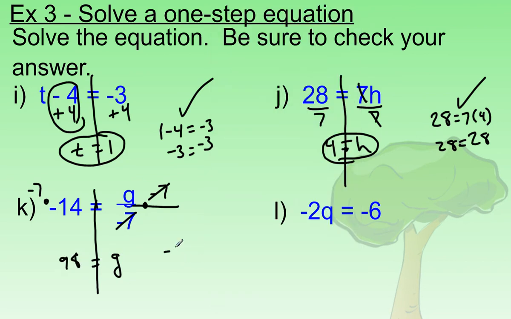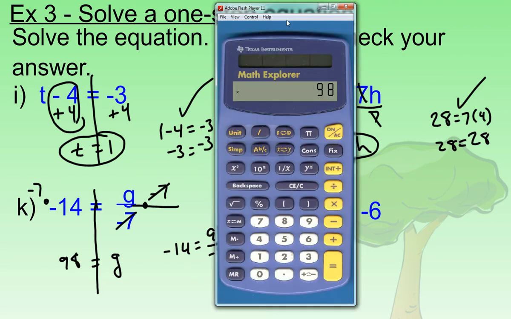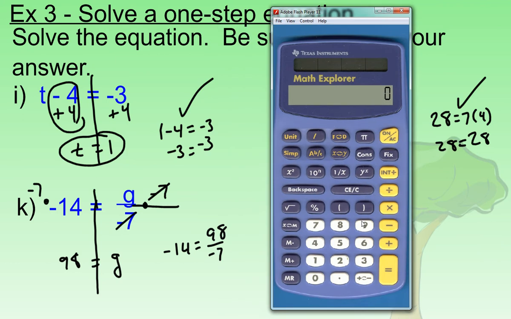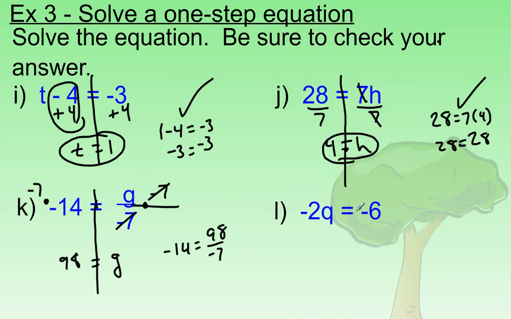Well, let's see if we're right. -14 equals 98 divided by -7. Mr. Calculator says 98 divided by -7 equals -14. It works out. Letter L. My variable is being multiplied by -2.